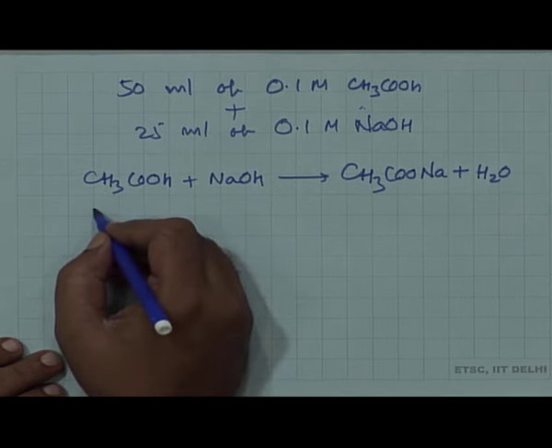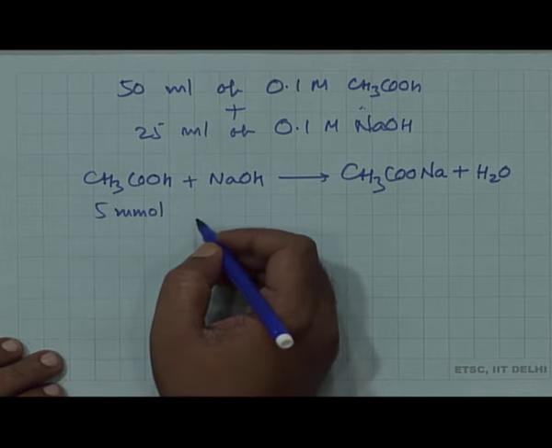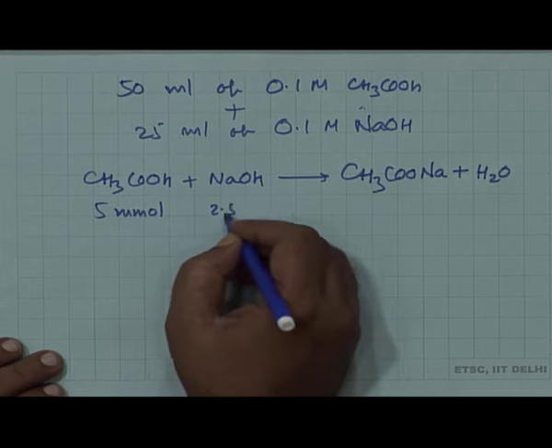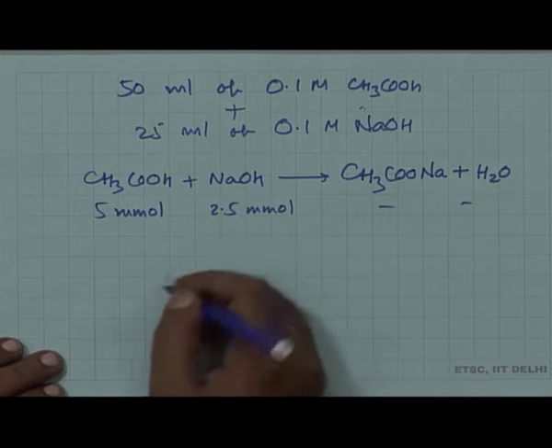You had 5 millimole of acetic acid in the solution and 2.5 millimole of NaOH in solution before reaction.